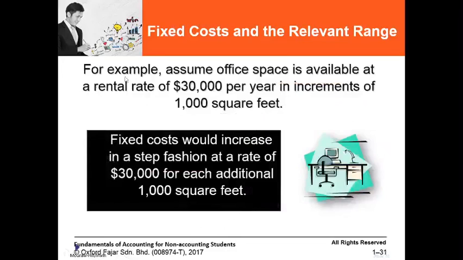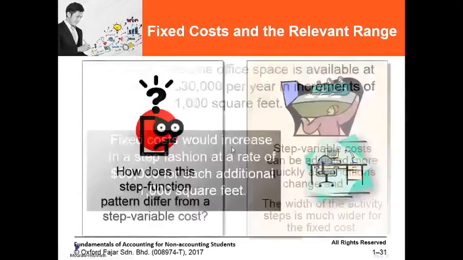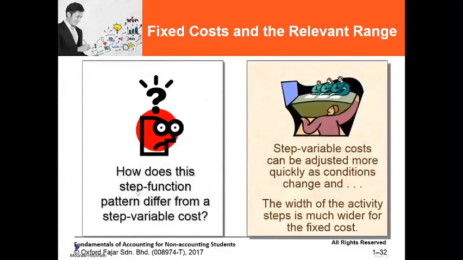This is another example of fixed cost. Assume office space is available at a rental rate of 30,000 per year in increments of 1,000 square feet. So the fixed cost would only increase in a step fashion for each additional 1,000 square feet, as shown in the graph just now. How does this step function pattern differ from the step variable cost that we have seen before?